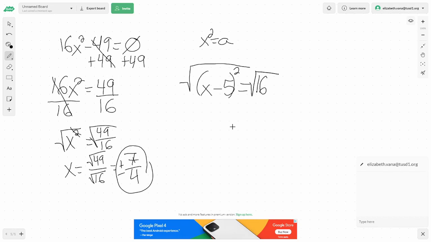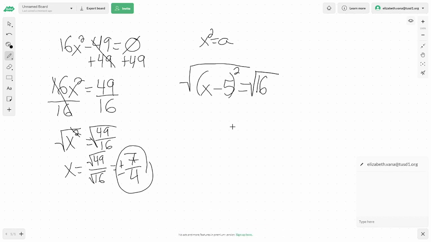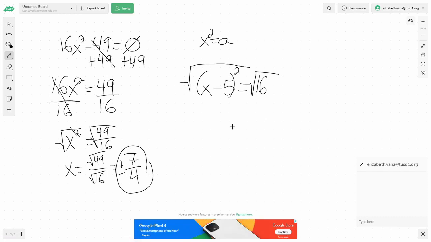The square root and the squared cancel each other out, so I'm left with x minus 5 on this side. And then the square root of 16 could be either positive or negative 4. So I need to find two different answers.